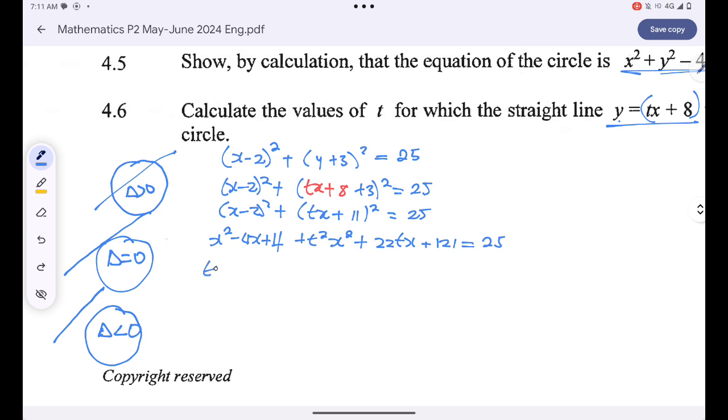I'll simply have t squared times x squared plus x squared, and then I'll simply have 22tx minus 4x, and then on the left hand side, 4 plus 121 will simply give me 125 is equal to 25.